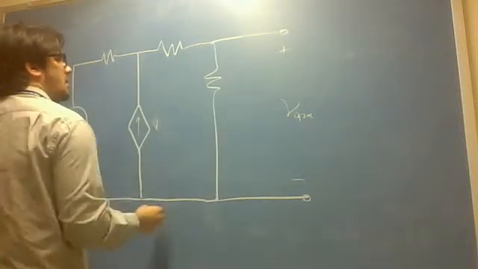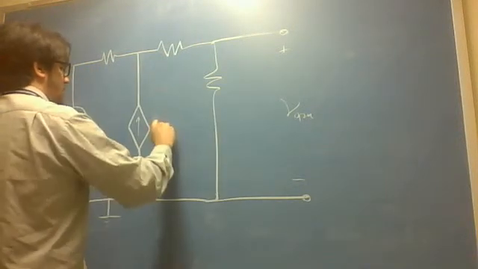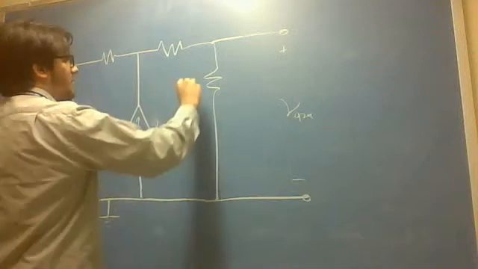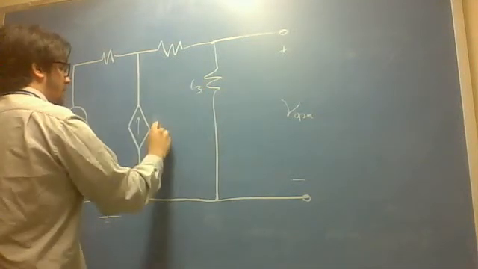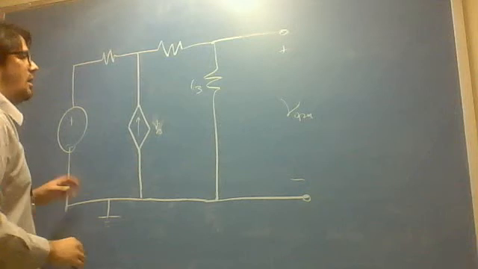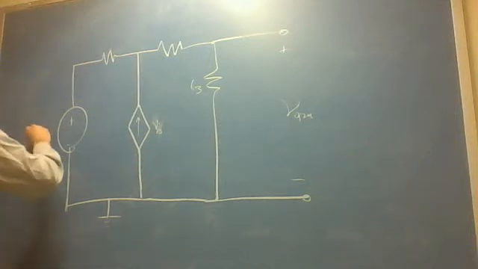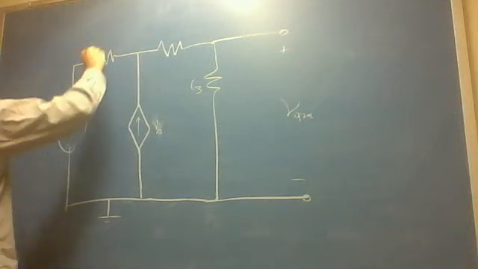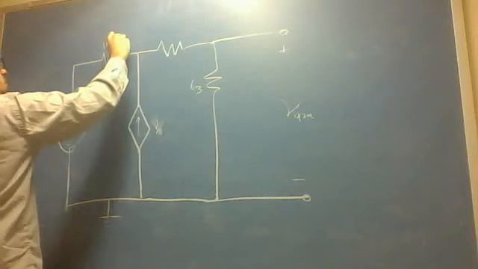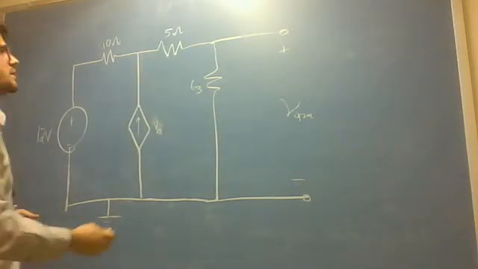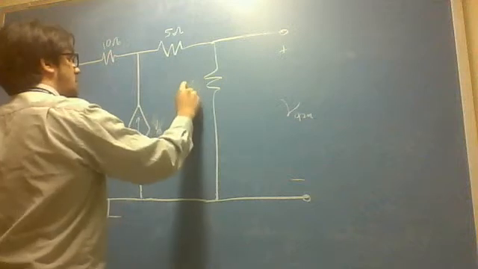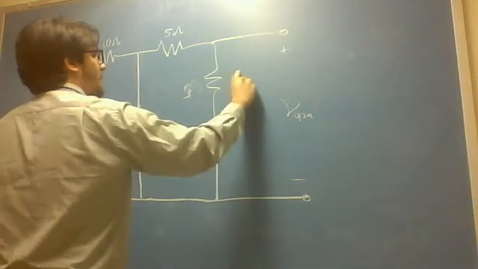So V open, and let's call this R3. Let's say this is 12 volts, this is 10 ohms, 5 ohms, standard numbers, right? And then this is R3, but let's say it's 15 ohms, all right?